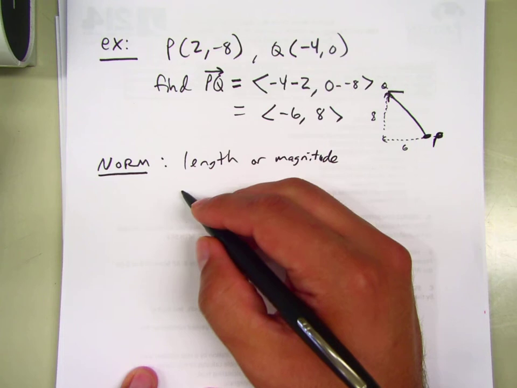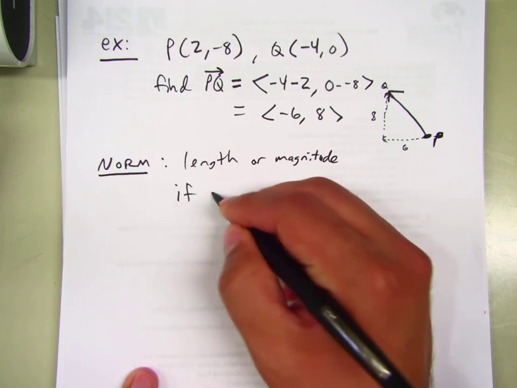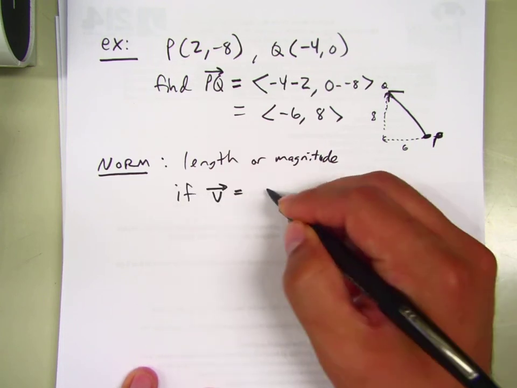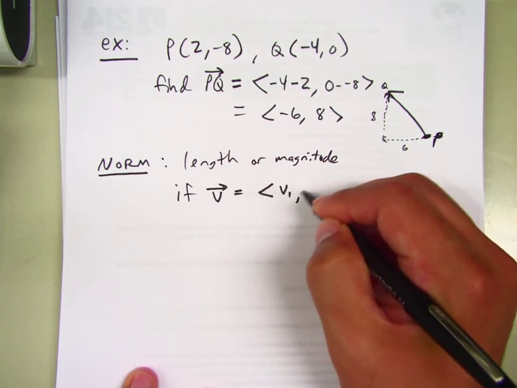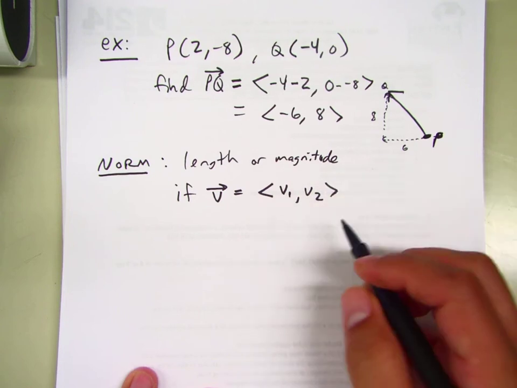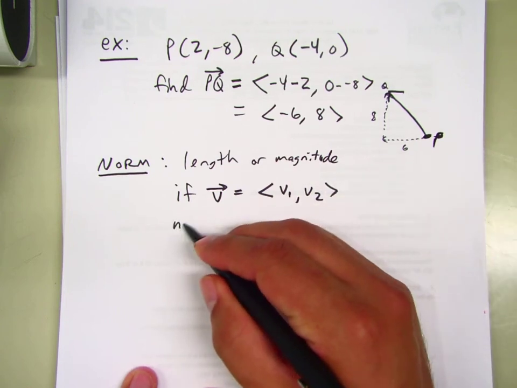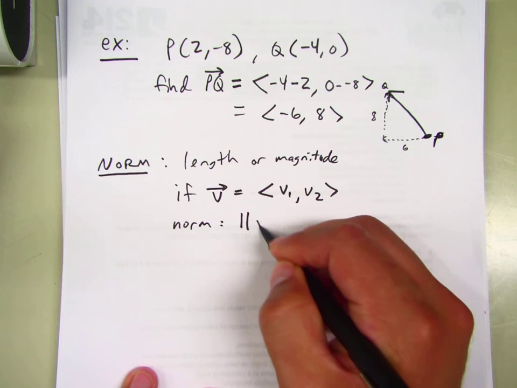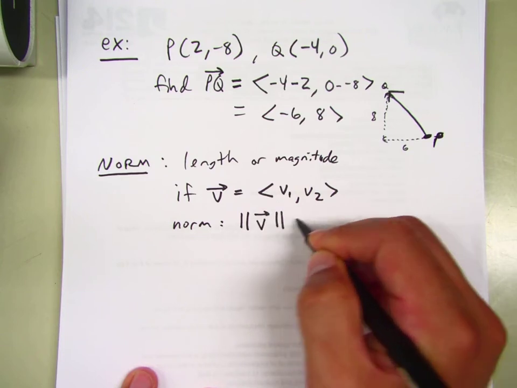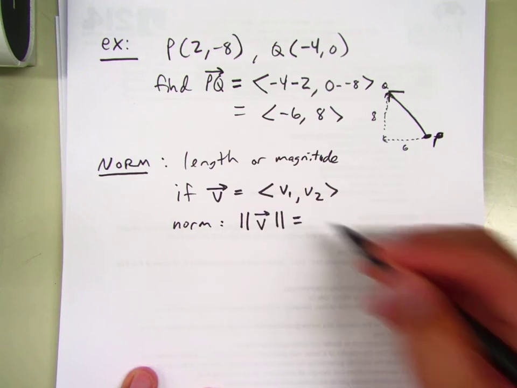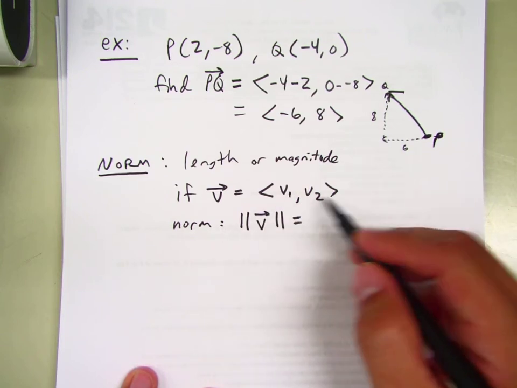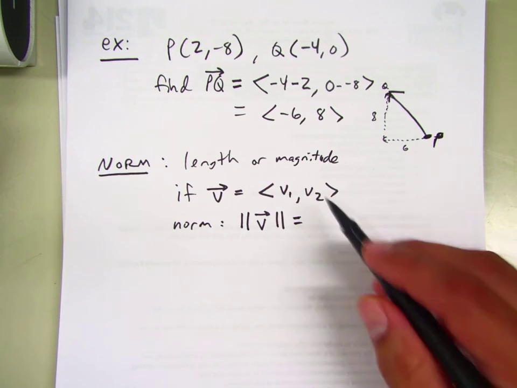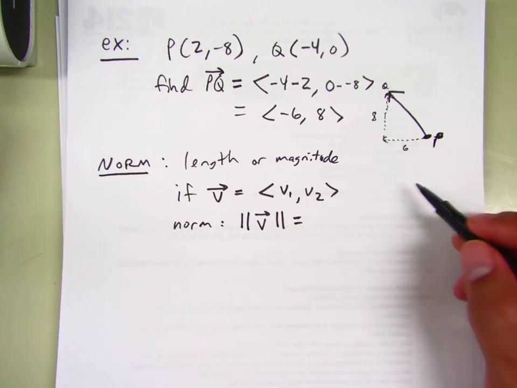And so let's say we have a vector v with components v1 and v2. Then the norm, which is just this notation, the length, and again now you can kind of see it with drawing the triangle like we did here.